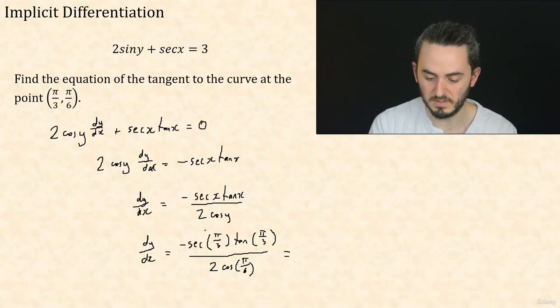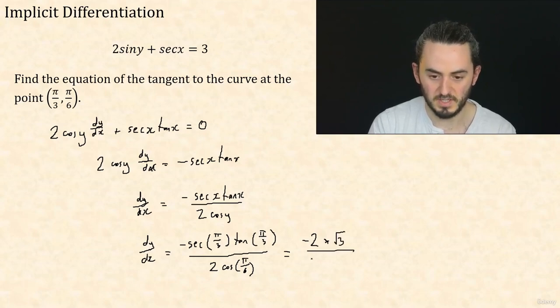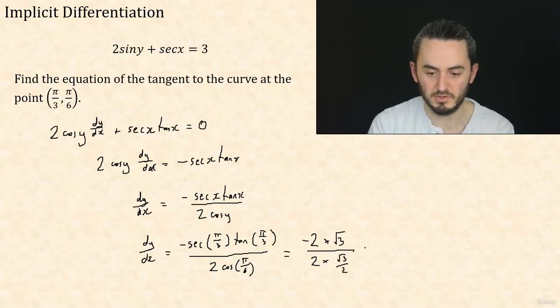Well, it's 1 divided by cos of pi over 3, so that's 2. So I've got minus 2 times, now tan pi over 3 is root 3, and that's divided by 2 times, and then cos pi over 6 is root 3 over 2. Now you can key all of this into your calculator and you're just going to get minus 2.